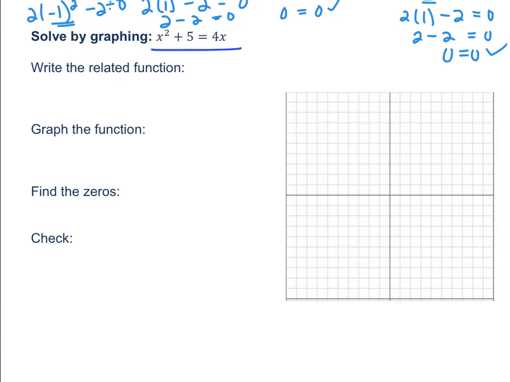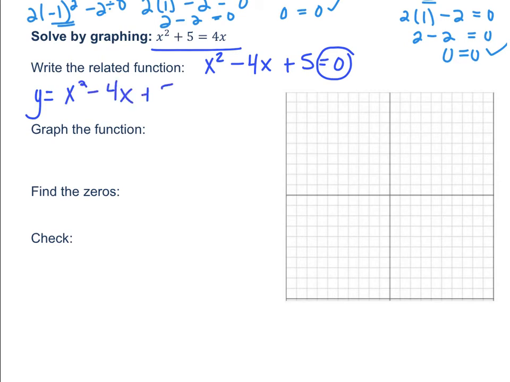So I'm just going to subtract 4x from both sides. So I get x squared minus 4x, I'm going to put it in standard form, plus 5 equals 0. All right, so the related function, we take the equals 0 and replace it with a y equals x squared minus 4x plus 5, and we're going to graph this function.